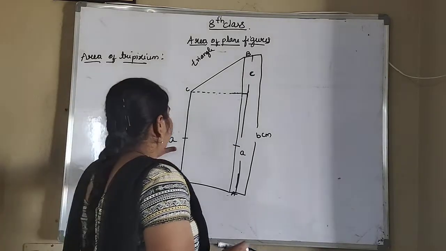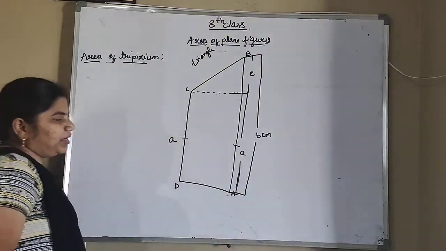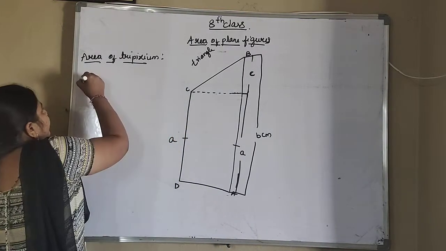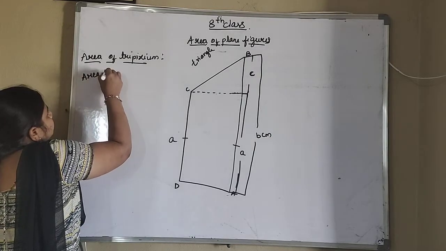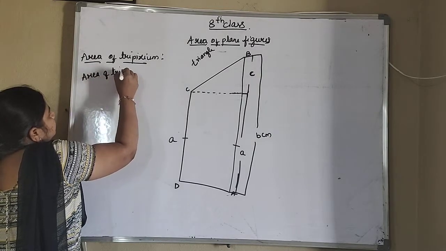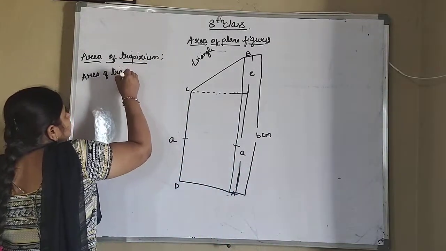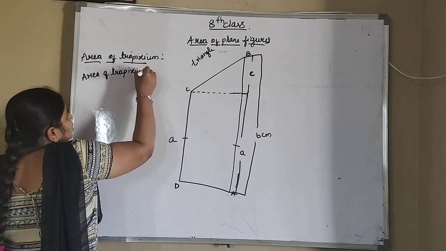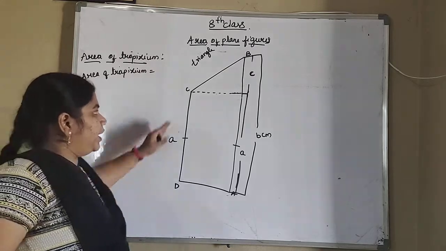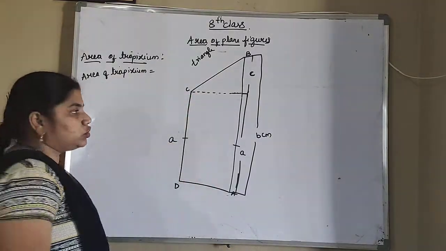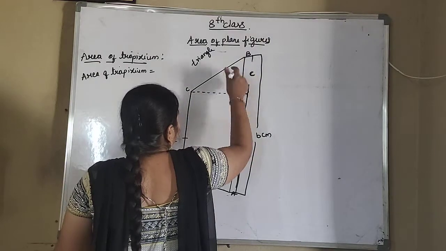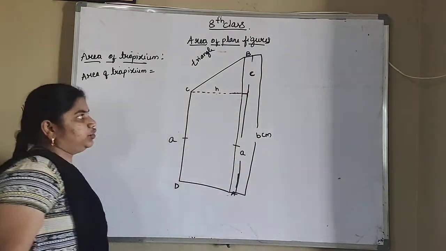Now how to find the area of a trapezium we will see. This is the height of this triangle, so I am taking it as h here.